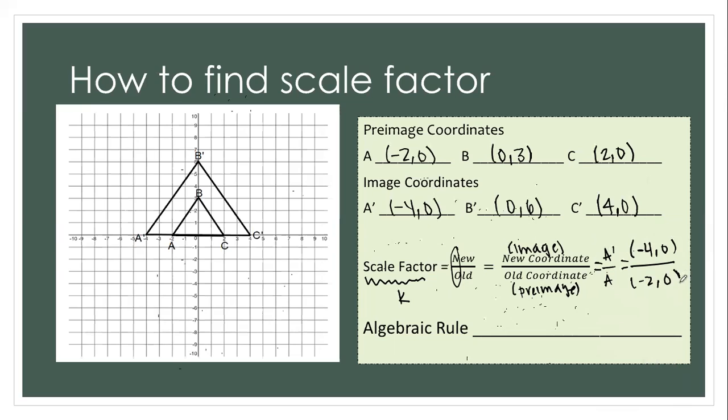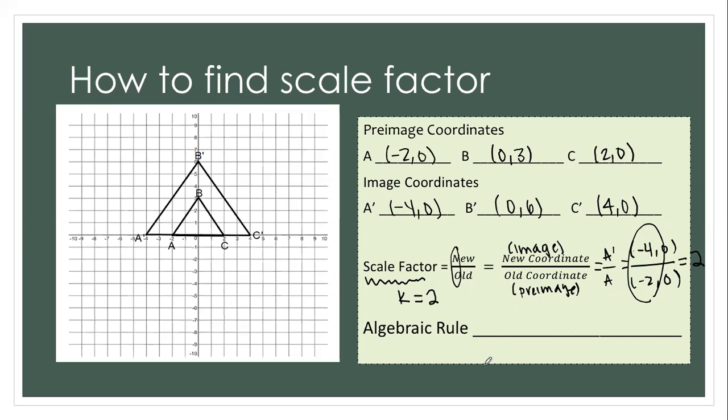And just like I circled the no part, I'm going to circle one of the numbers. I can circle the x's or I can circle the y's, but the y's are 0, so I'm not going to circle them. I'm going to circle my first two x's. What is -4 divided by -2? 2. So that means my k equals 2.